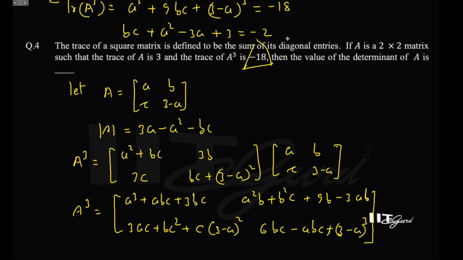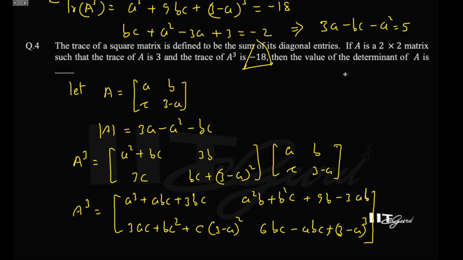And after solving that, some can write it this way also: 3a minus bc, 3 times 2, that is 5. So bc, and here minus a square, this is 5.